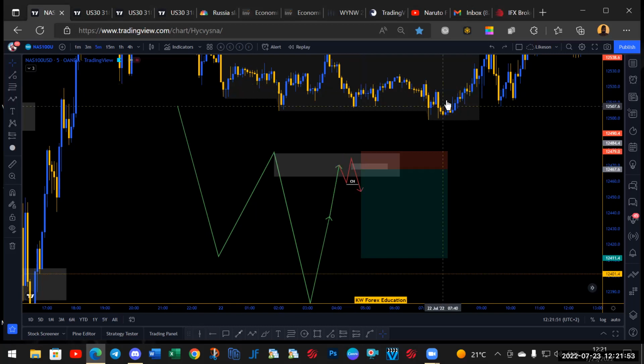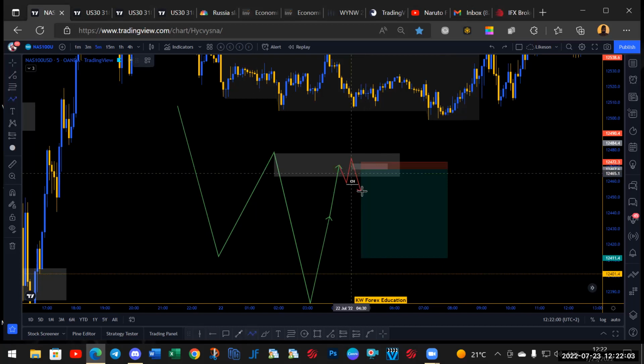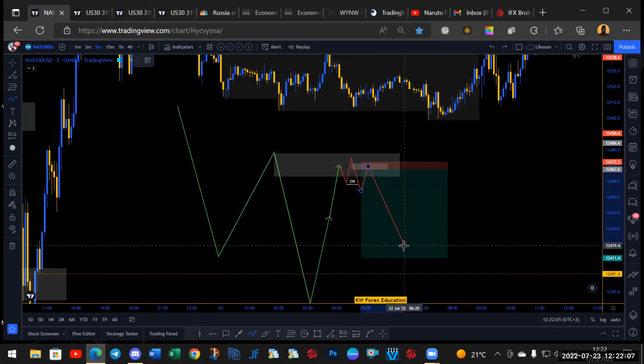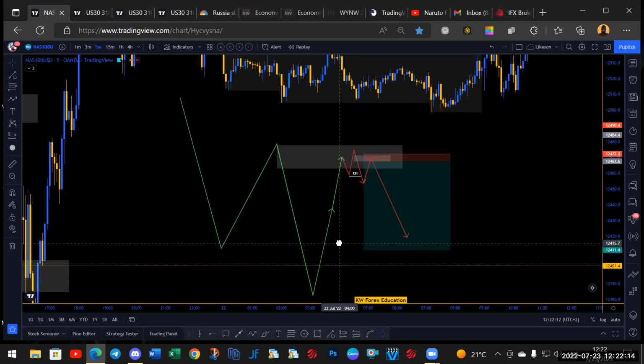As for me, I just like putting a stop loss on the 5 minutes order block or 15 minutes order block like that. Then you go with the price and then you do it like that, right? Yeah.